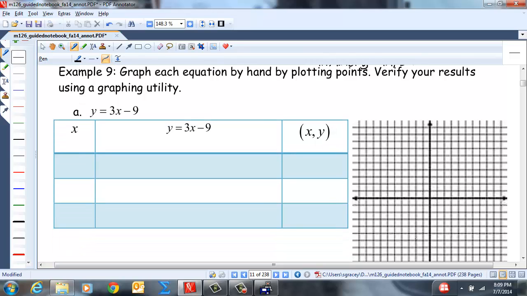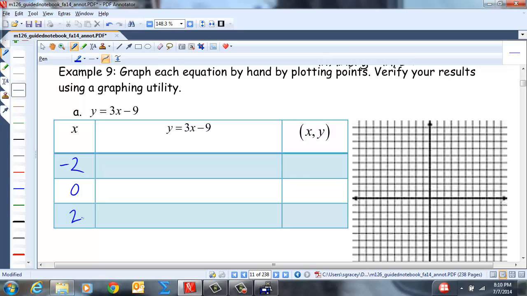So for part A, I see that y is isolated in terms of x. So I'm going to plug in, I don't know, maybe -2, 0, and +2, something like that. It can be anything you want.